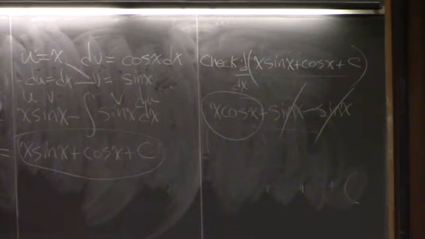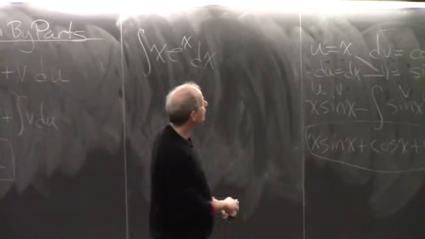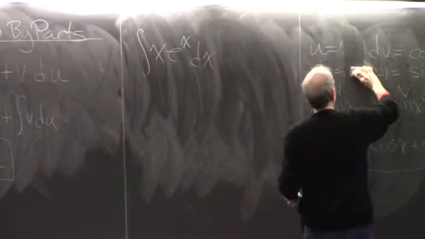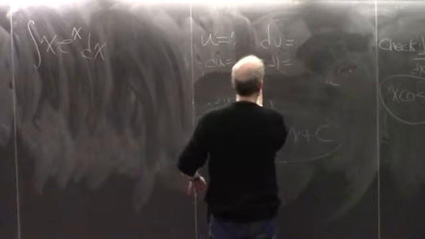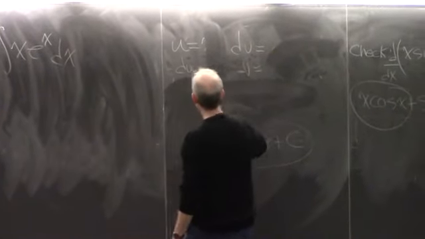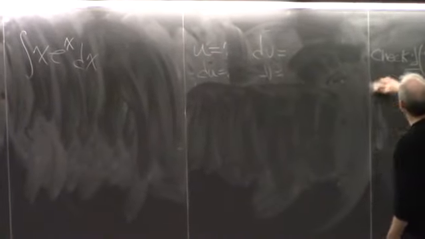Let's do another one very similar. Suppose I was going to do x e to the x. Again, I look at u substitution and I say that's not going to work, because I don't have a function and its derivative inside.